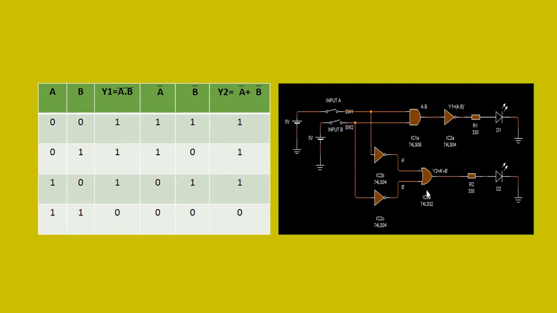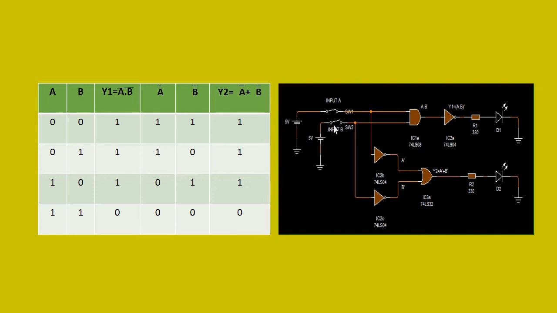One OR gate is used, chip number 7432. Two light emitting diodes D1 and D2 are used as display or output devices through 330 ohm resistors. The 330 ohm resistor is used to protect the LED, otherwise it will be damaged.